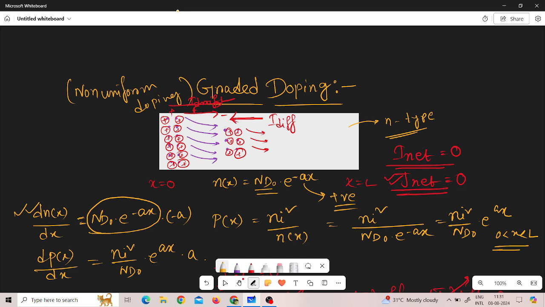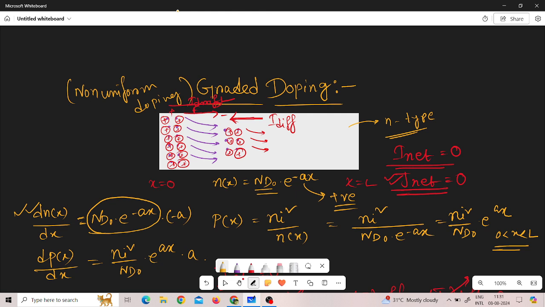Now, if I make a summary of what we have learned, we learned that in case of graded doping, the doping is not constant; it changes with distance. So it is not necessary that doping will be of exponential form. It can be of another nonlinear equation. We have to do calculation depending upon that.